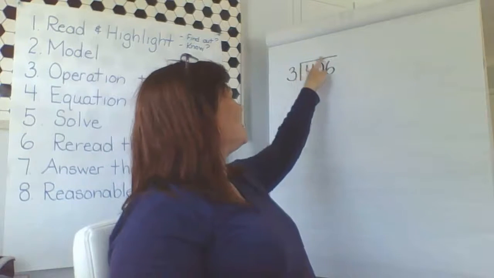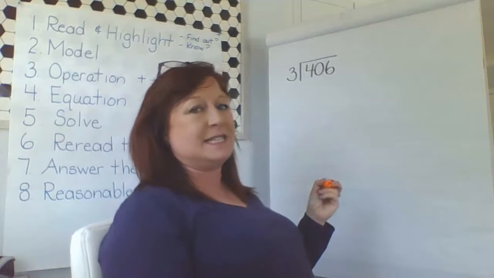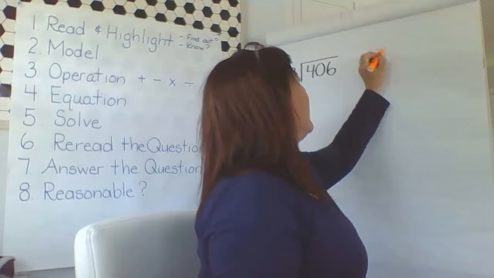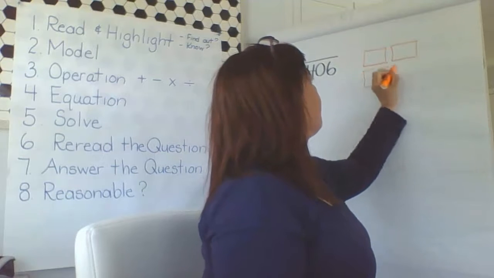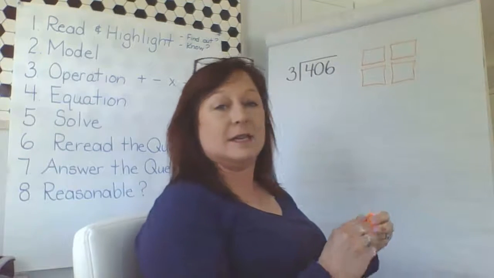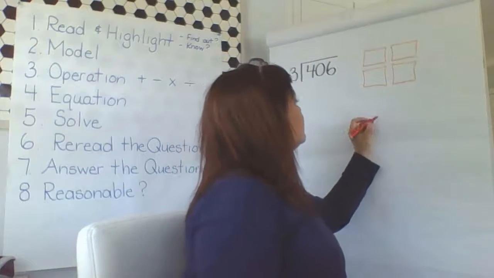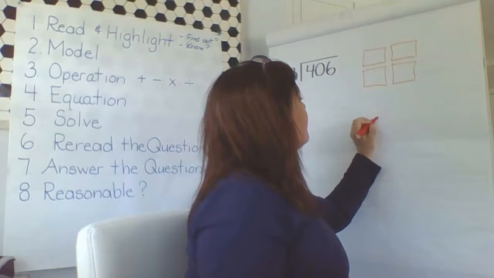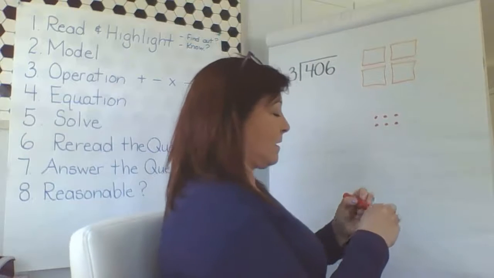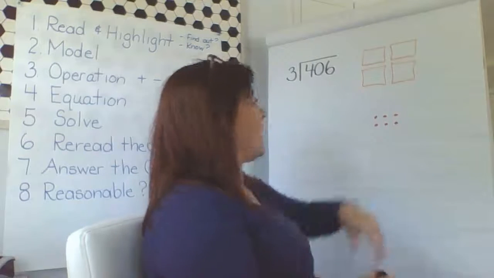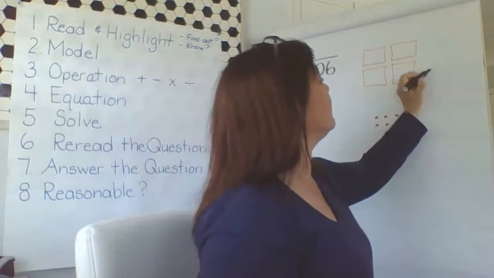All right, so we started with our dividend of 406. So we have 400, 0 tens, and 6 ones. We're going to make 3 groups because our divisor is 3.